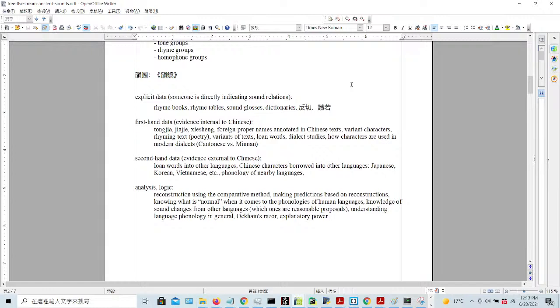Then we have first-hand data, which is evidence internal to Chinese, but it's not somebody directly telling you, hey, this character sounds like that character. They're using the character in a way that tells you the sound relations. And this consists of tongjia. And tongjia, if you're not familiar with it, is extremely important if you're trying to read any kind of ancient text, or even modern Cantonese, because they use that same principle in modern Cantonese.